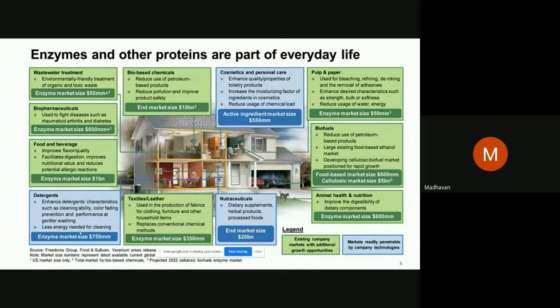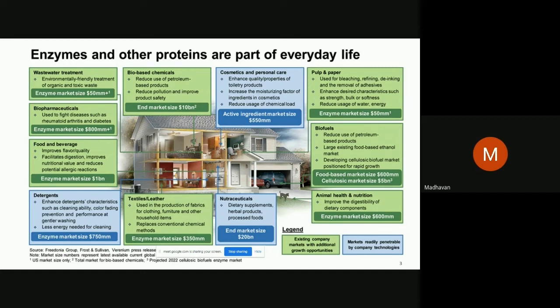If you look at any of our day-to-day life activities, starting from food and beverages, detergents, biopharmaceuticals, wastewater treatment, paper and pulp, biofuel which is required for automobiles, animal health, nutrition, nutraceuticals, leather, and textiles, you see how enzymes are involved, and you can see a market for all different types of enzymes in our day-to-day life.